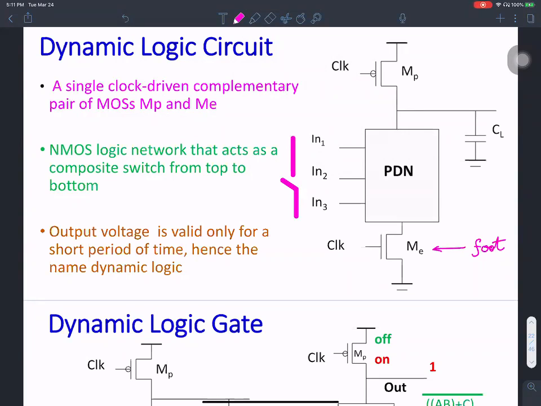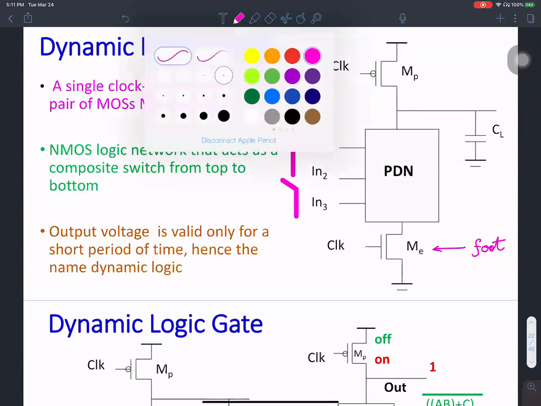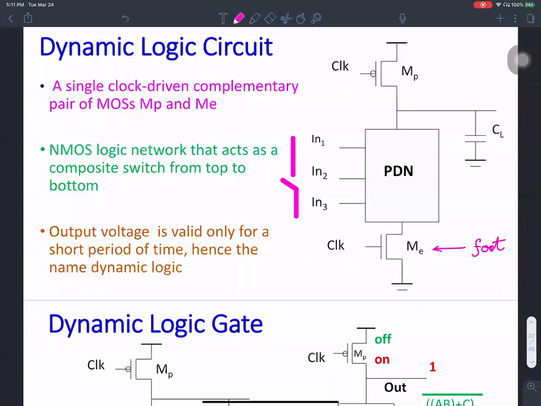Another important point about dynamic logic circuits is that the output is temporary, valid only for a short period of time. I'll show you why that is the case in a minute.